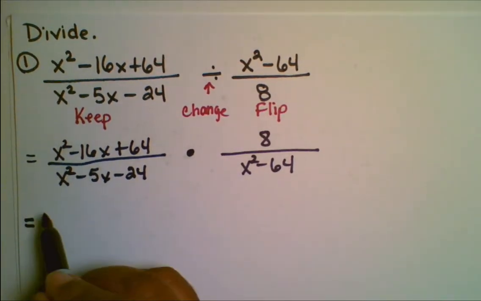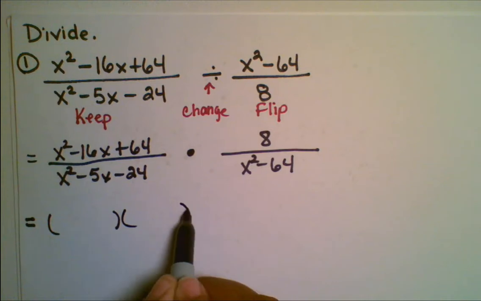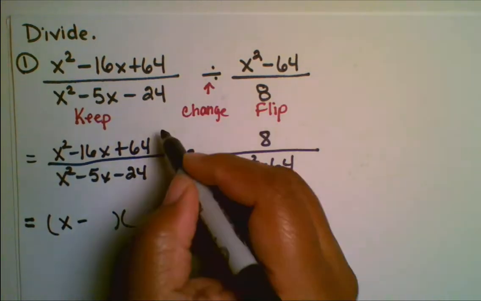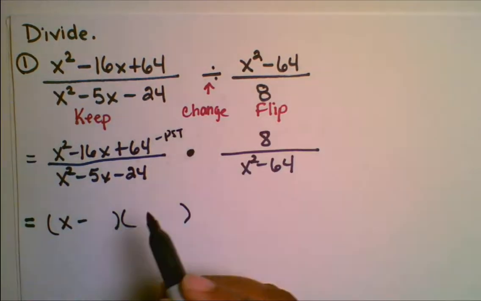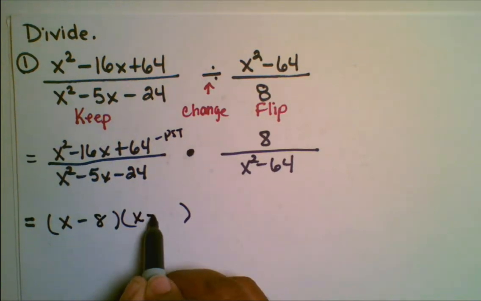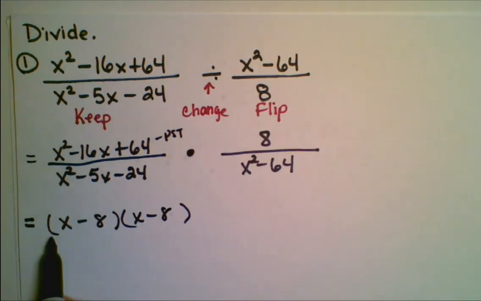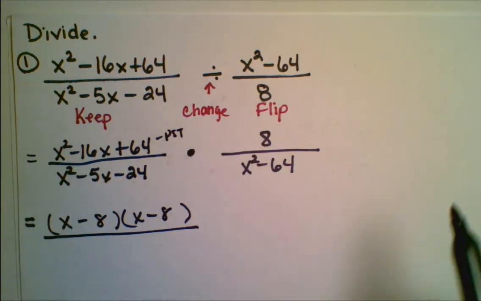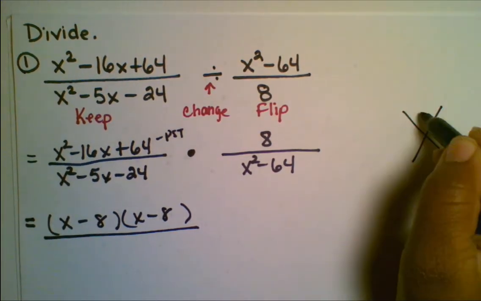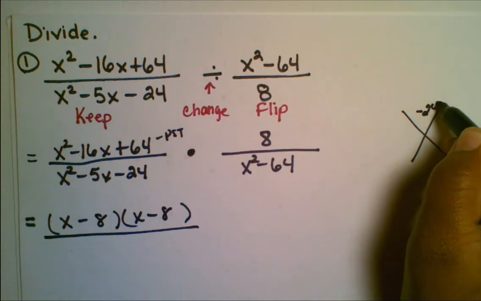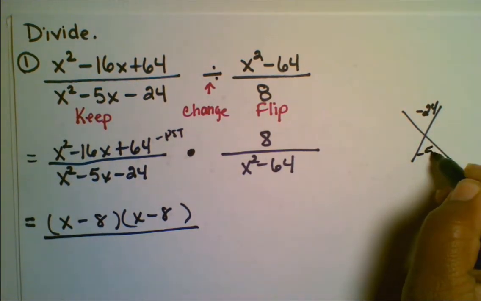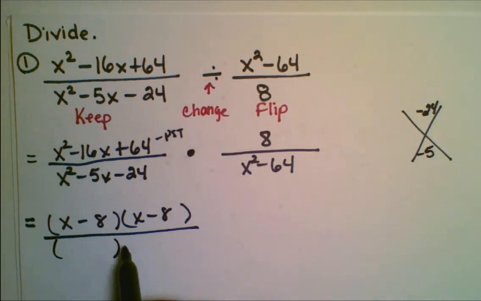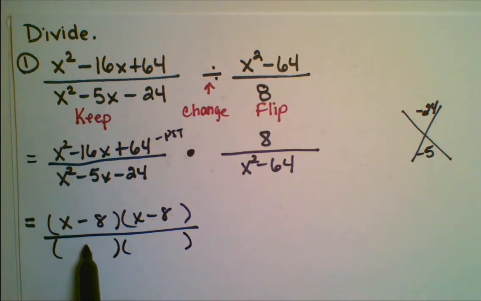Let's factor. Numerator of the first fraction, we have a perfect square trinomial where the binomials are the same. We have x minus 8 times x minus 8. Denominator of the first fraction, we're looking for factors of negative 24 that when you add them, we have negative 5. So our signs are going to be different.